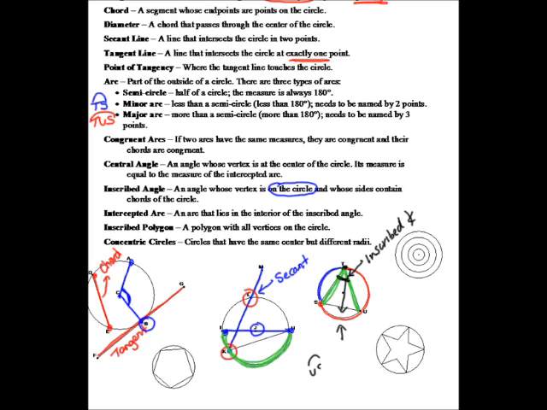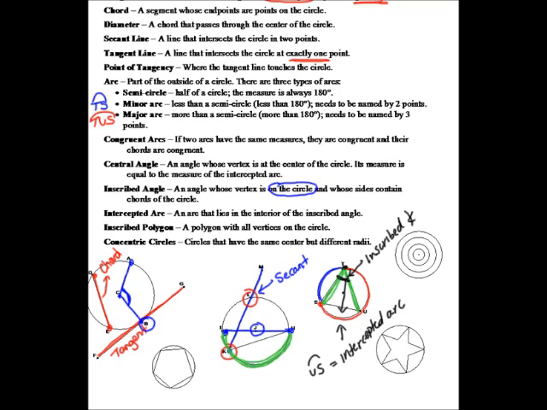Arc US is the intercepted arc. It's the arc across from the inscribed angle. So you have to know the difference between an angle and an arc. Remember, an arc is on the circle, and an angle is formed by line segments.